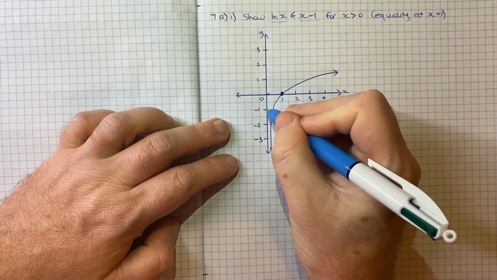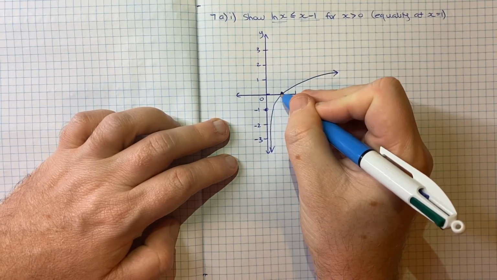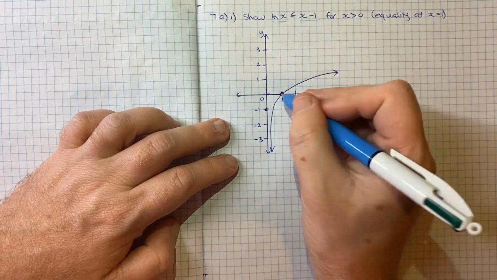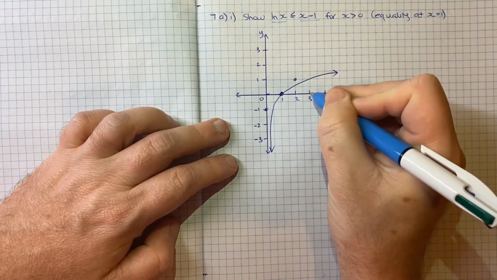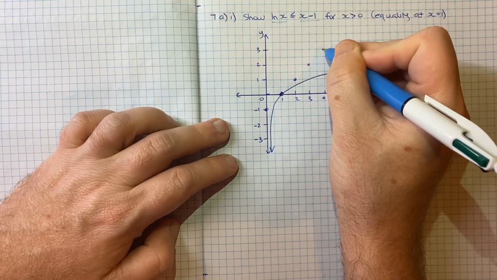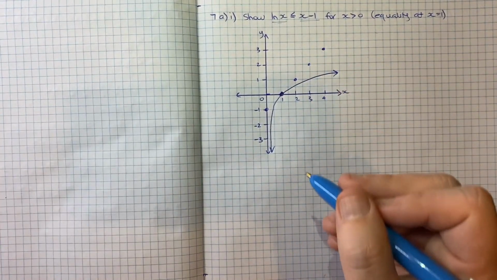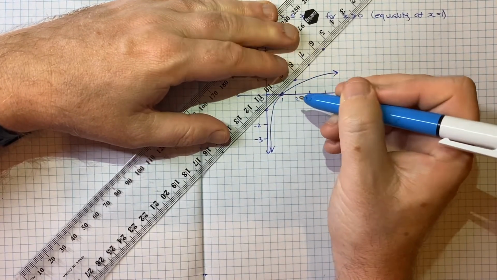So when x is 0, we get y is equal to negative 1. When x is 1, we get y is equal to 0. When x is 2, y is equal to 1. When x is 3, y is equal to 2. When x is 4, y is equal to 3. And that should be more than enough to then plot up our straight line.